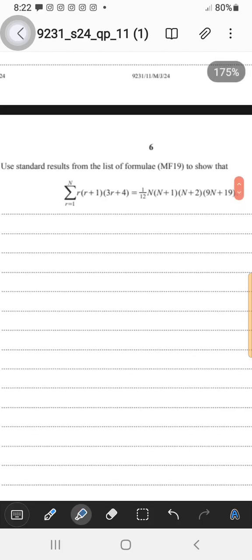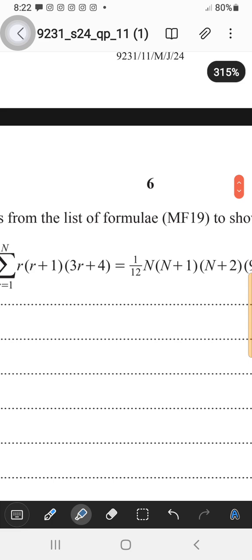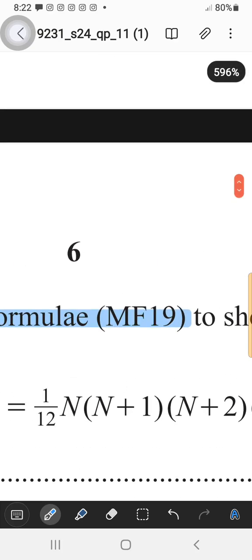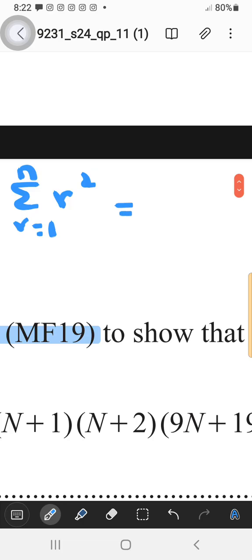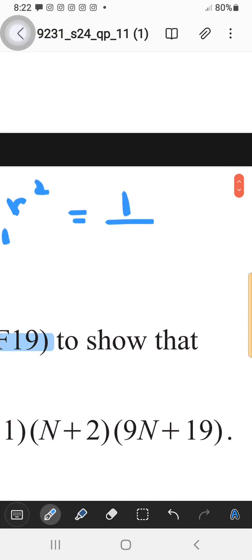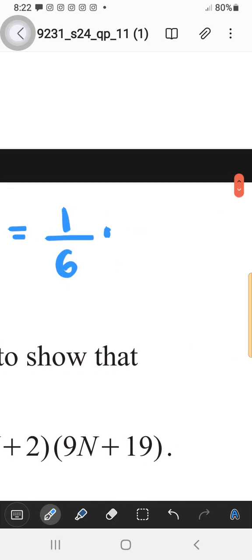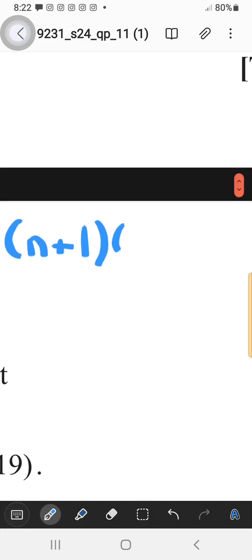First of all we will discuss what the list of formula MF19 gives us. The list of formula MF19 gives two formulas. The first formula is for the sum of r square from r equal to 1 to n, which is equal to 1 upon 6 n plus 1 2n plus 1.